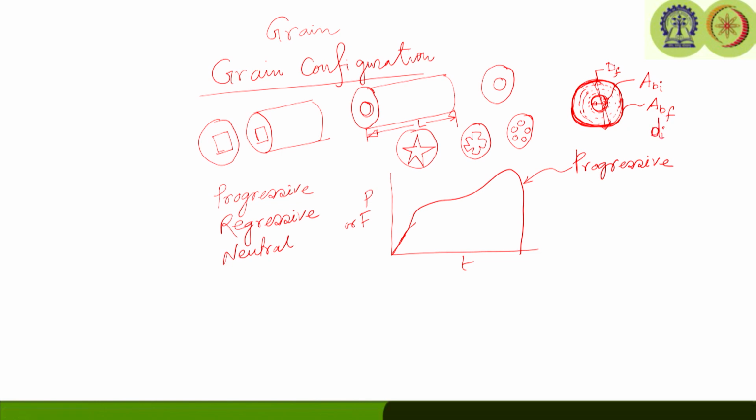Di is the initial diameter of the grain, df is the final diameter of the grain. So, our ABI is going to be equal to pi di into L, because you have to think about the cross sectional area of the internal surface of the grain. So, if you look at the cutaway view of it, you can see this is essentially the grain.